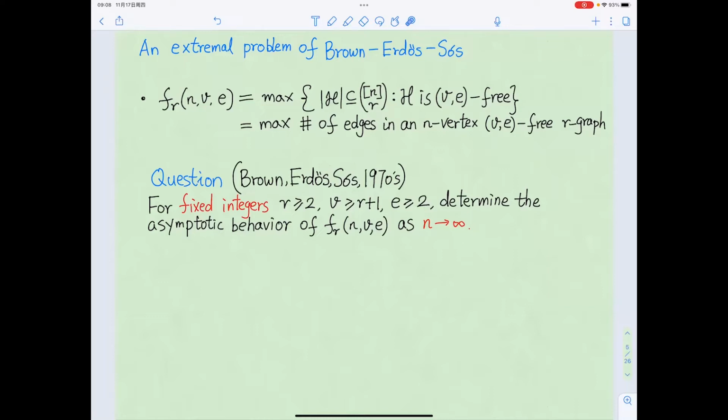But for any r-graph whose number of edges is strictly larger than F, you can find in this r-graph e edges whose union is at most v. So Brown, Erdős and Sós posed this question: for fixed integers r, v, and e, what is the asymptotic behavior of this function as n tends to infinity?